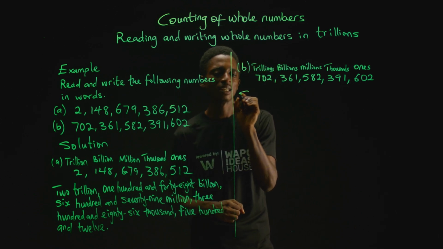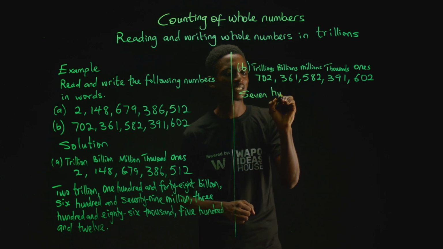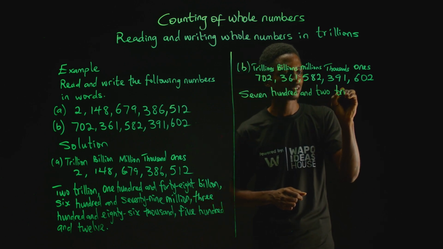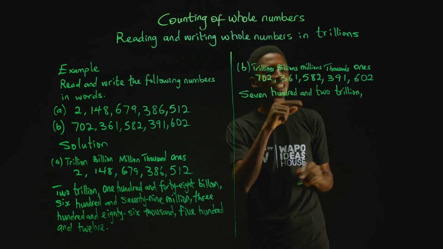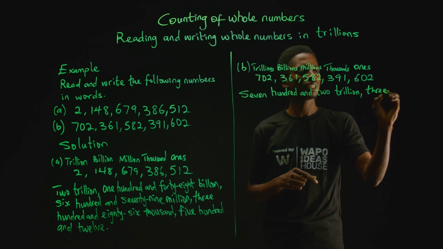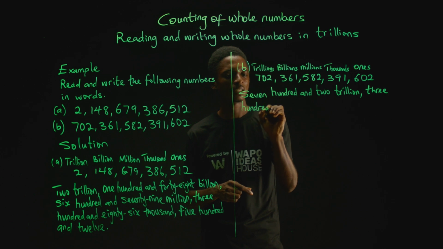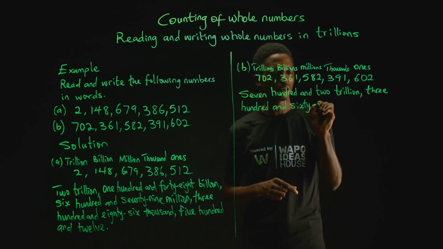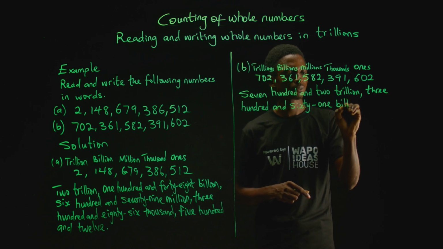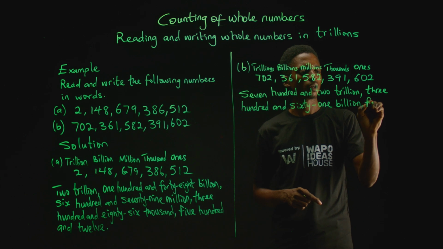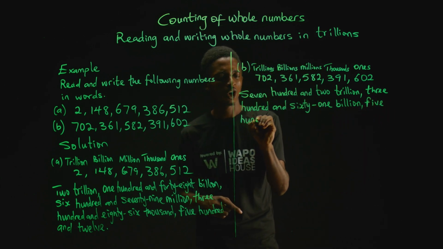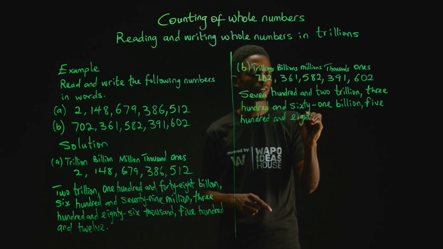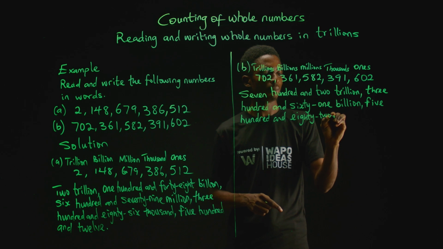So it will be 702 trillion. The next number is 361 billion, followed by 582 million.